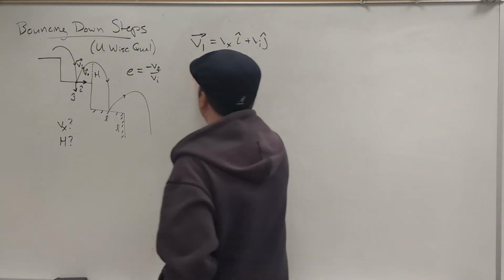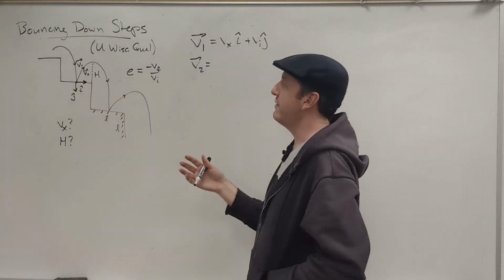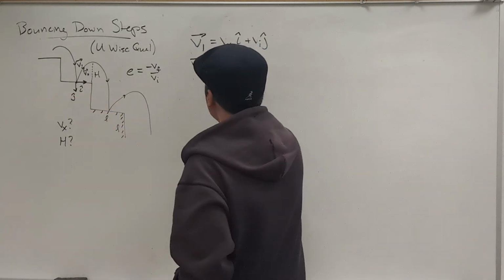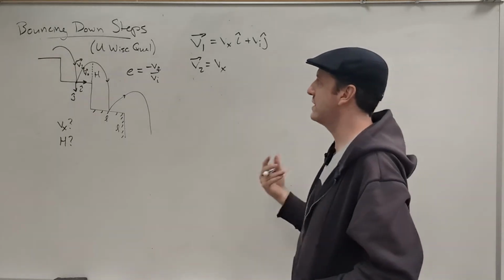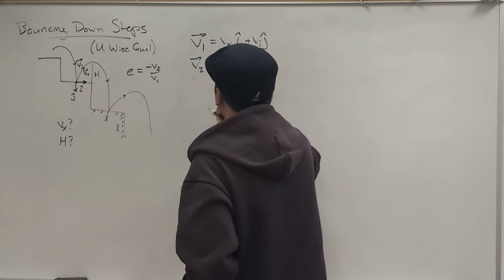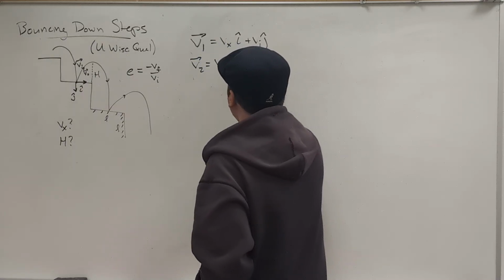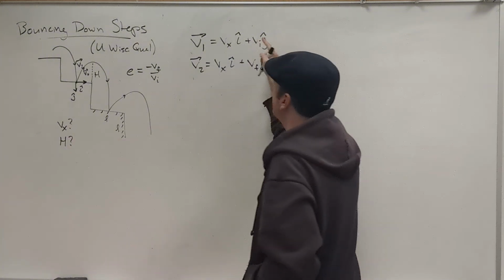And then we also have V2, which is the velocity immediately after the bounce, which will have the same horizontal component because there's no friction with the step, so no horizontal impulse, still in the i hat direction. But we'll end up with, well, I'll call it positive, where these V's could be negatives.